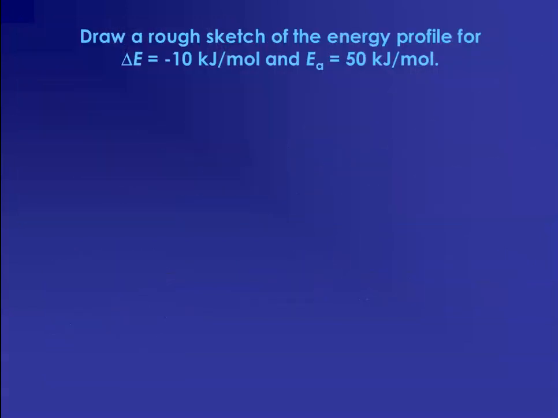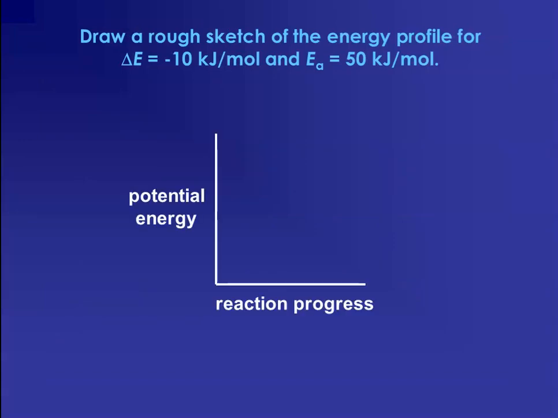So if my delta E is negative 10, and this was a little bit hard to do on PowerPoint, I'm sorry about that, you would have the reactant line, just kind of see that there's a little line there at the very beginning of that graph. The reactant line would be higher than the products line because energy would be being released.